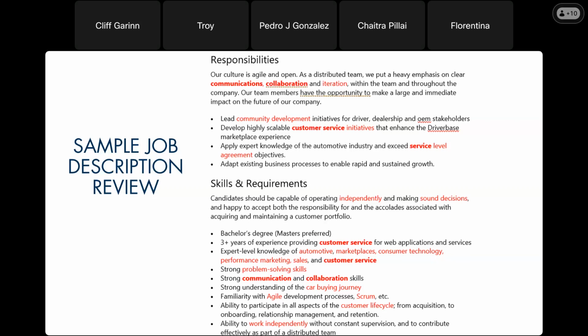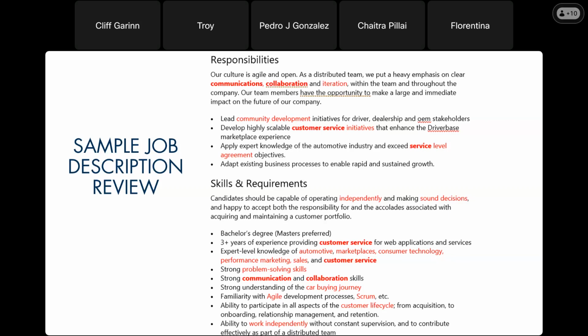So these are the things I want to make sure are on my resume in some fashion. Because if they're looking for communication, collaboration, customer service, then my resume really needs to give examples and experience that I can fit this position. So that's a good way to use the job description to find that.